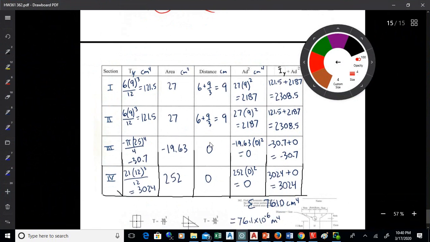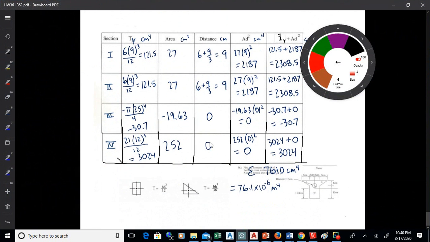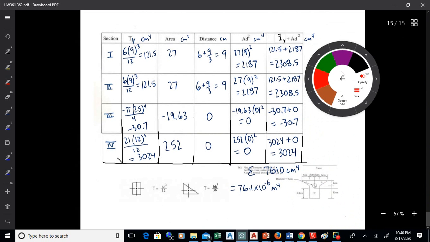All right, now if you're going to go about the y-axis, it's the same process. It's just the distances are measured in different directions, as are the base and the height that go into the formulas. So for the triangles, instead of using a base of 9 and a height of 6, you basically switch those. The base is now parallel to the axis.